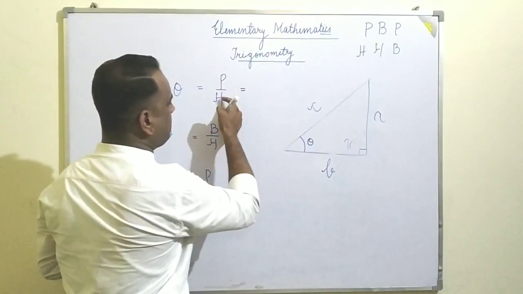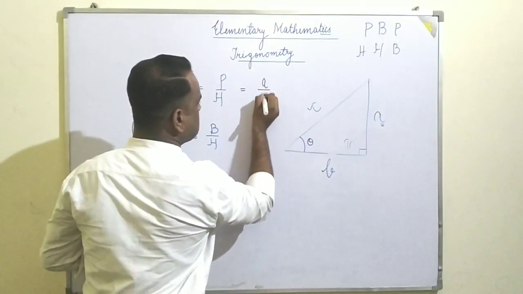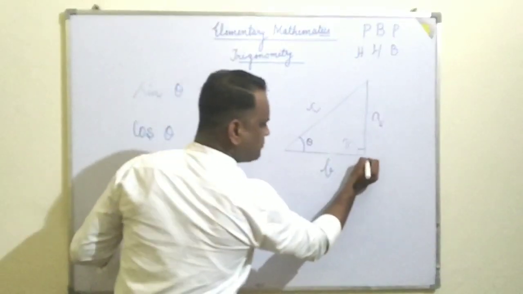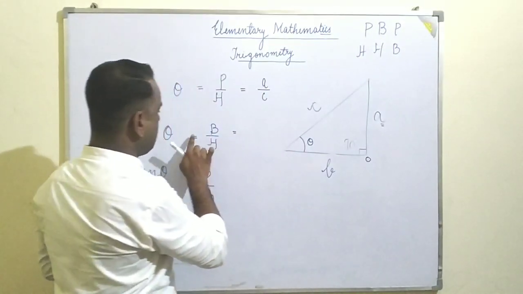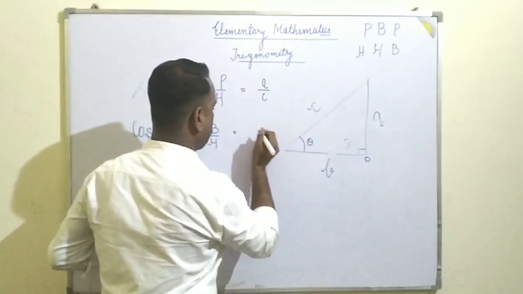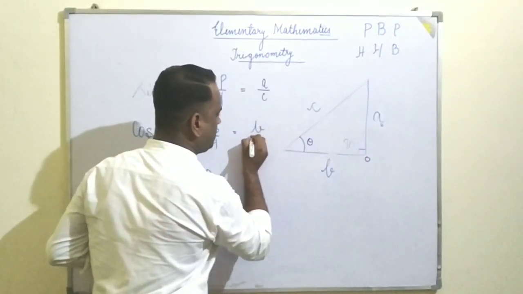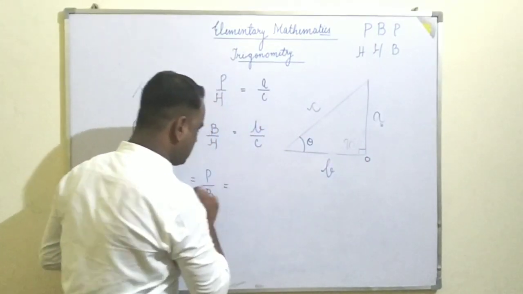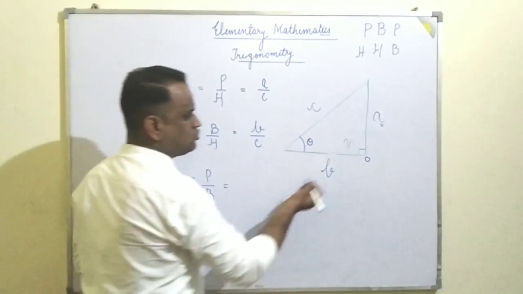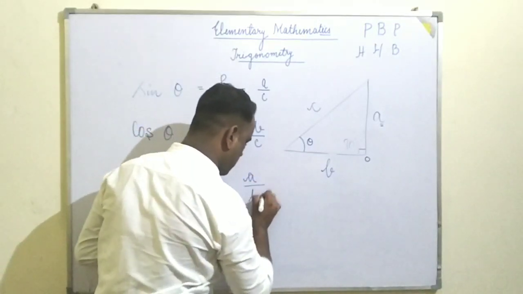So sine theta is perpendicular upon hypotenuse, which is A upon C. Cos theta is base upon hypotenuse, base is B and hypotenuse is C. And tan theta is perpendicular upon base, perpendicular is A and base is B.